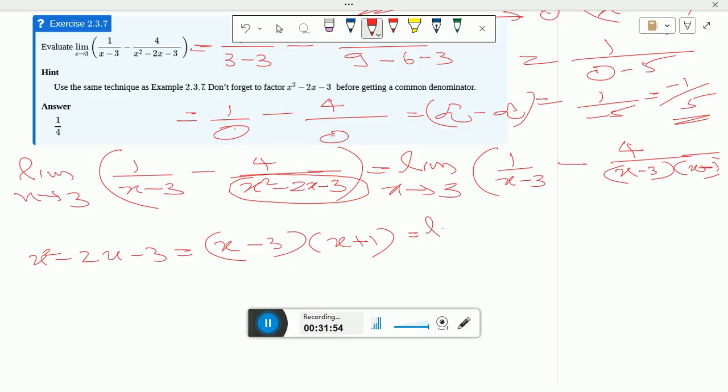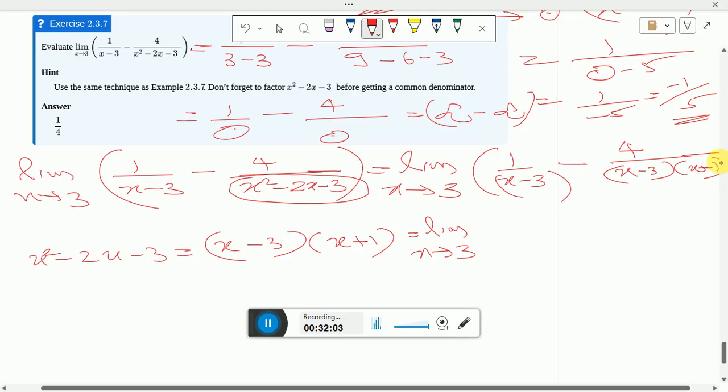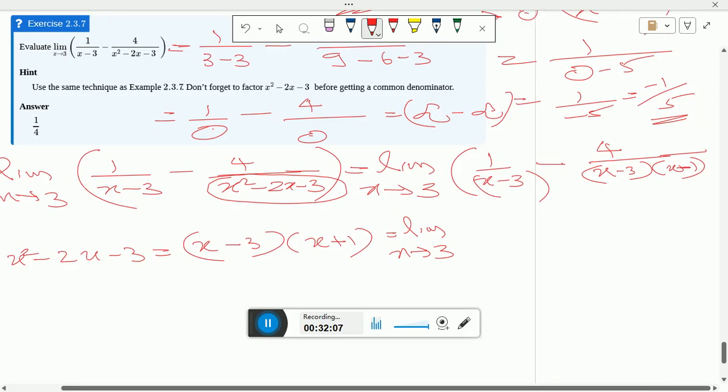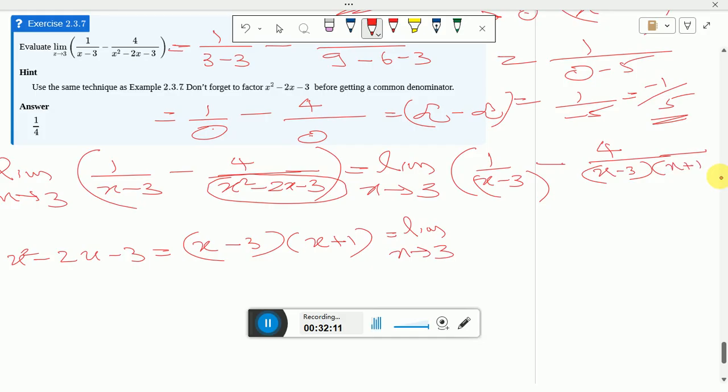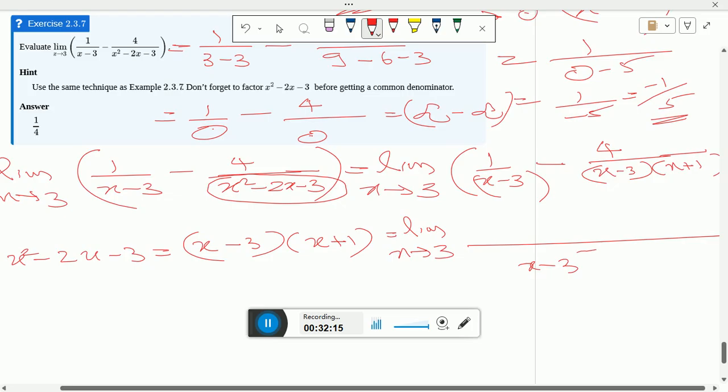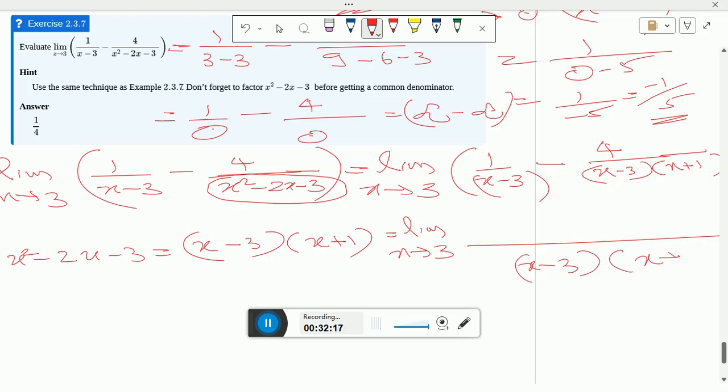Now I can write limit x approaches 3. What is the LCM for x minus 3 and x minus 3 into x plus 1? The LCM is x minus 3 into x plus 1.